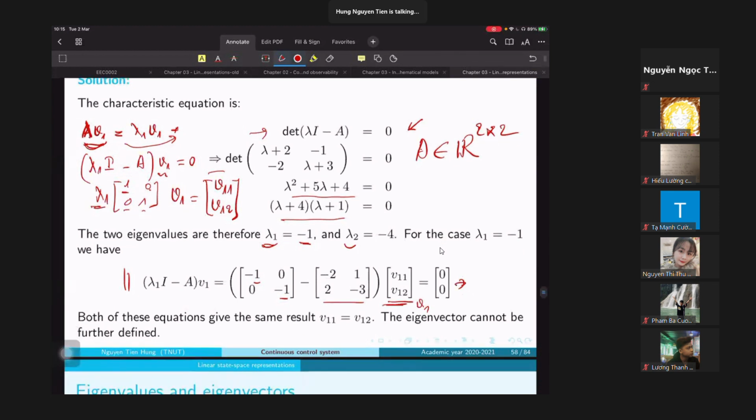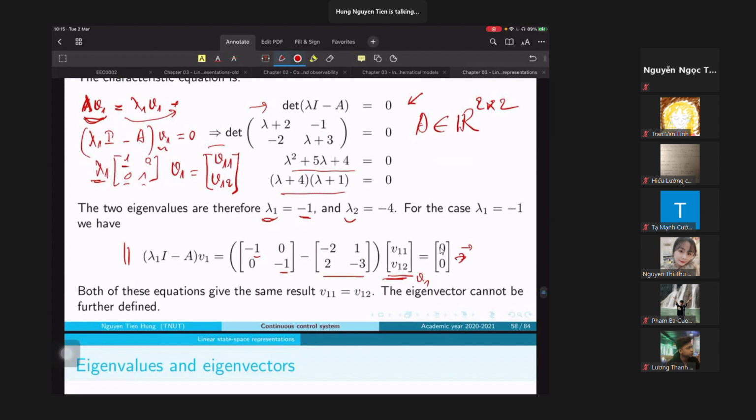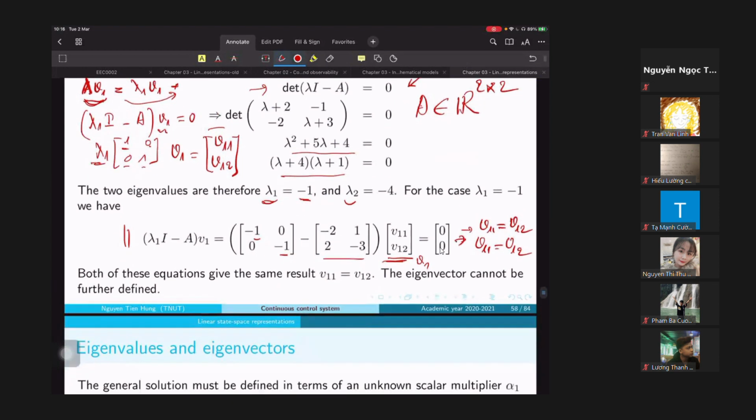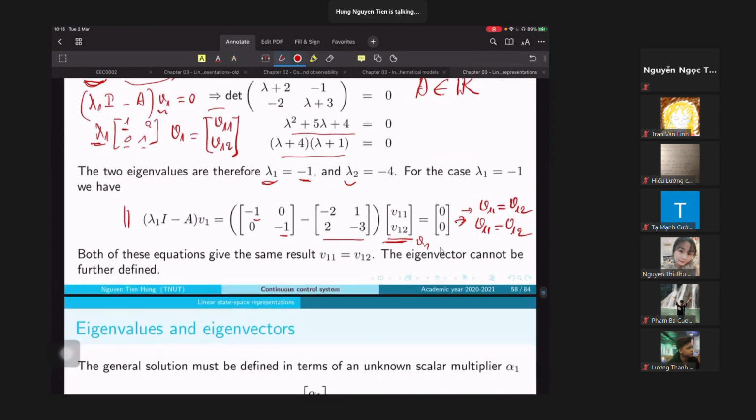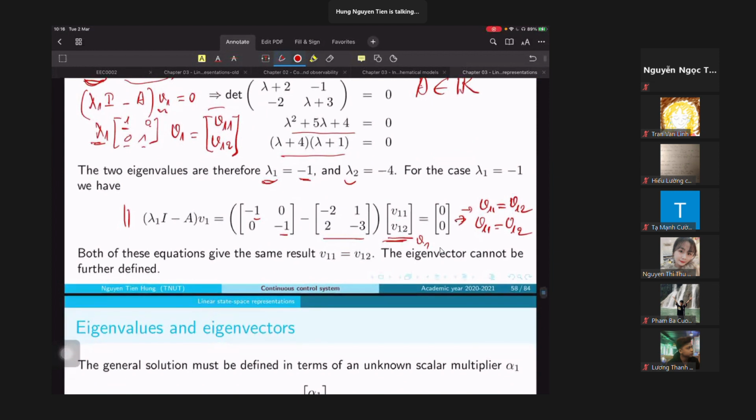When we solve it, we will see that the first equation will be V11 equals V12, and the second also gives V11 equals V12. You can find this, because you see that this is minus 1, minus 2, then we got minus 1 and plus 2, we got 1.